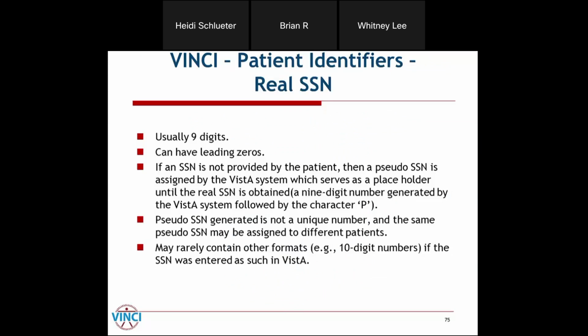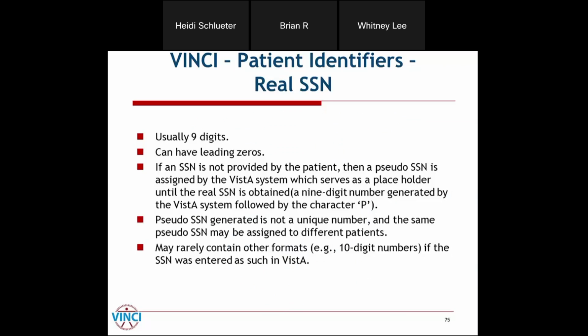So first of all, we have the real Social Security number. So those of you familiar with a Social Security number, it usually has 9 digits. It can have leading zeros. If the Social Security number is not provided by a patient, then a pseudo Social Security number is assigned by the VISTA system, which will serve as a placeholder until the real Social Security number can be obtained.